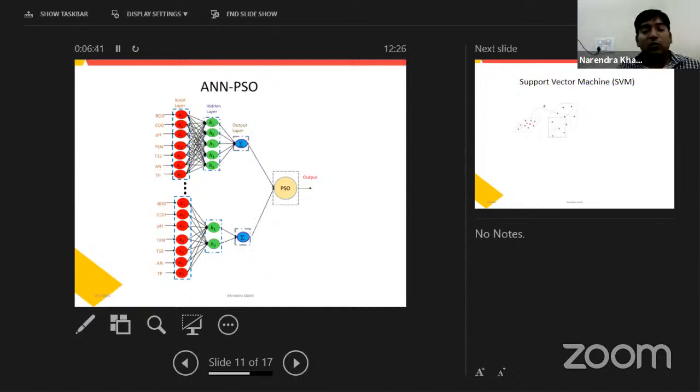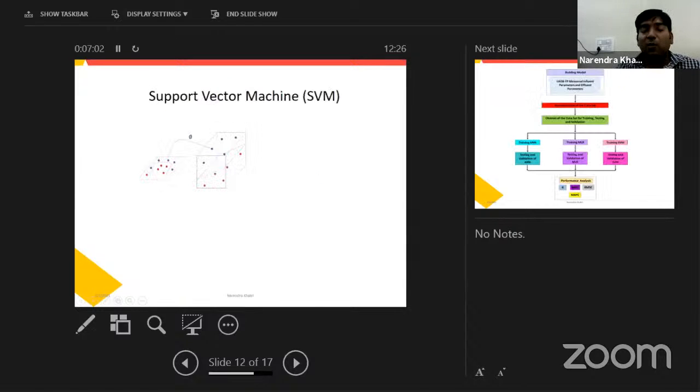In the ANN, we have designed various artificial neural networks, and from these we are optimizing the best one, which provides the best support, using particle swarm optimization. Then the third one is the support vector machine.